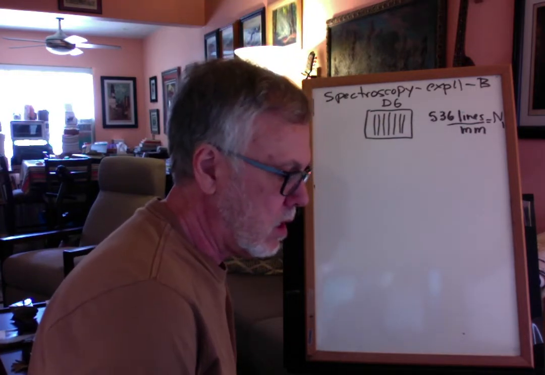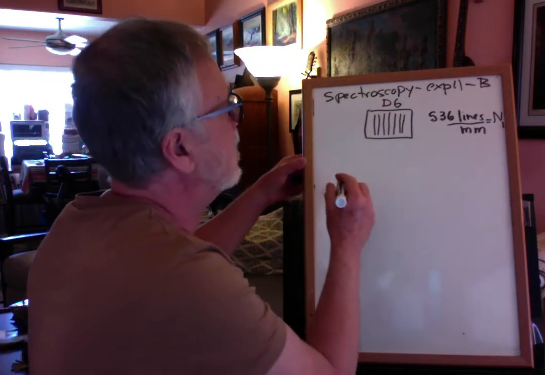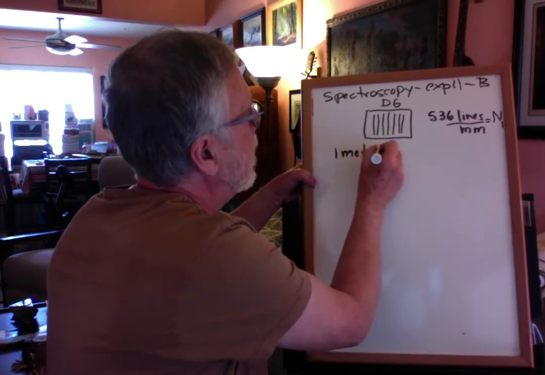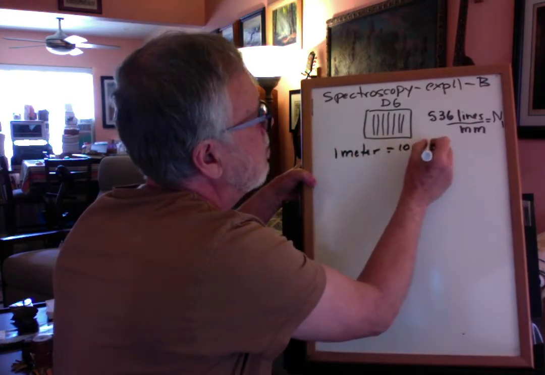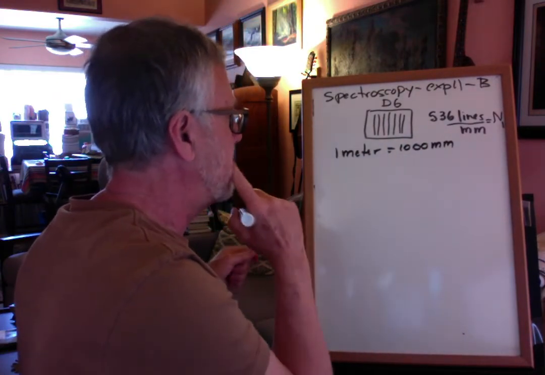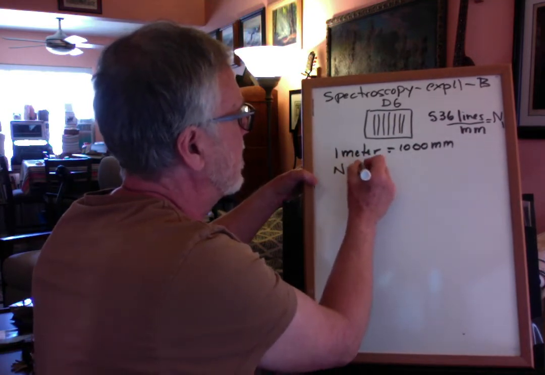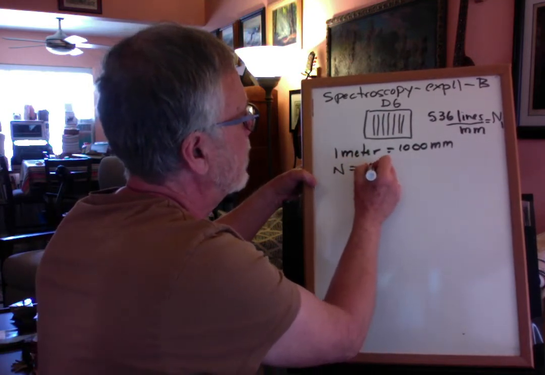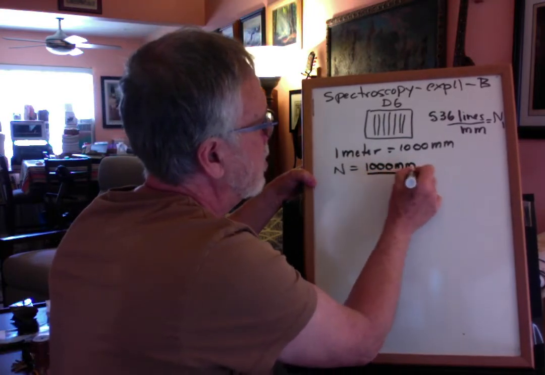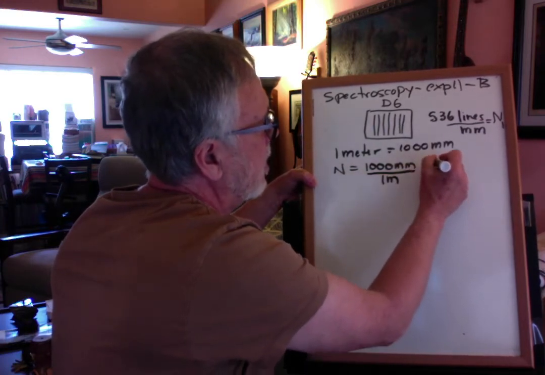And then we want to know what N is, which is the number of lines per meter. Remember, 1 meter equals 1,000 millimeters. So N is simply equal then to 1,000 millimeters per 1 meter times N1.